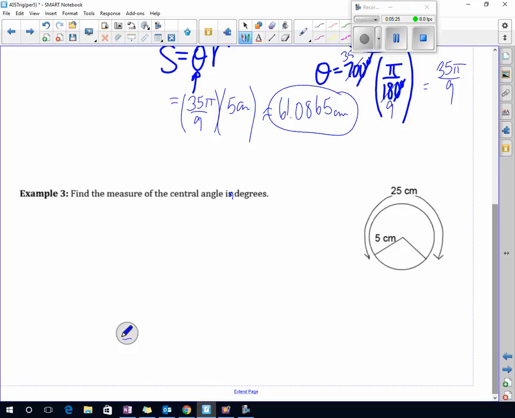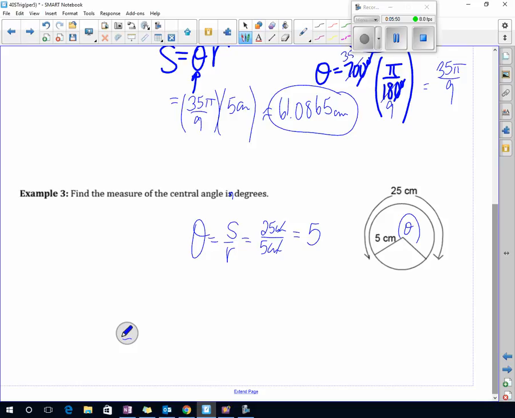So theta would be S divided by R, so it's 25 centimeters divided by 5 centimeters. Everybody see my centimeters cancel? And I get 5. What is that? Radians. It's asking for it in degrees. So what would I have to do to convert this to degrees?